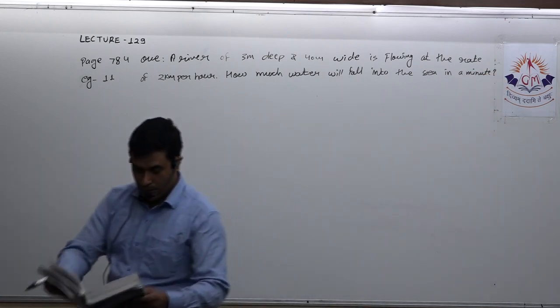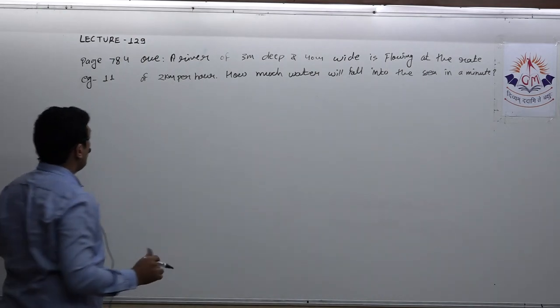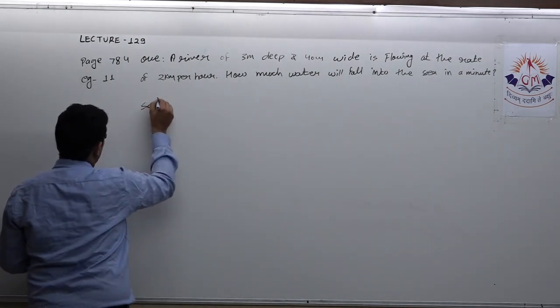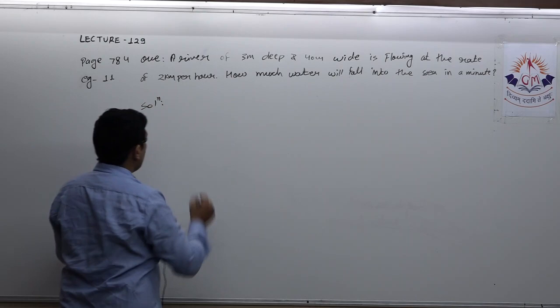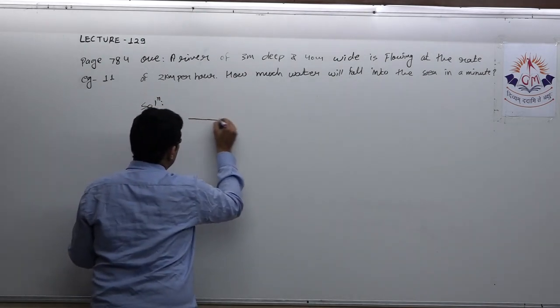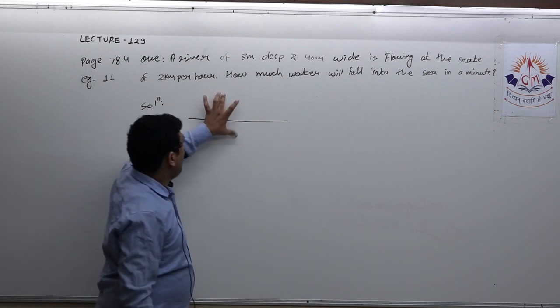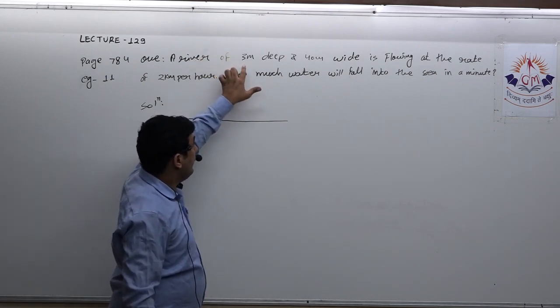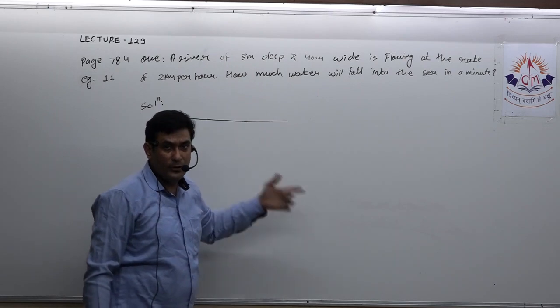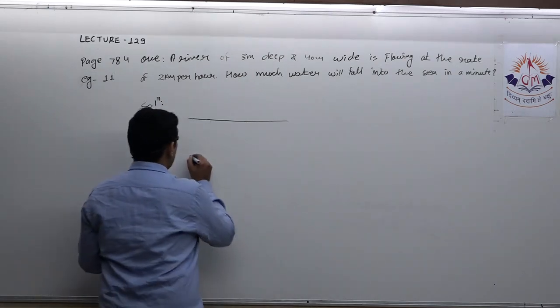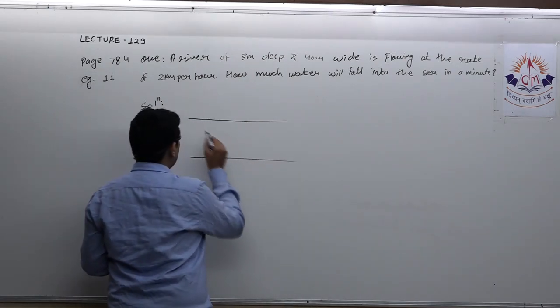Okay, so this is one of the important questions. So let us see how to solve this. See, there is a river. With the help of the dimensions, we can get an idea that they are talking about a river which is in a cuboidal shape. Okay, something like this.